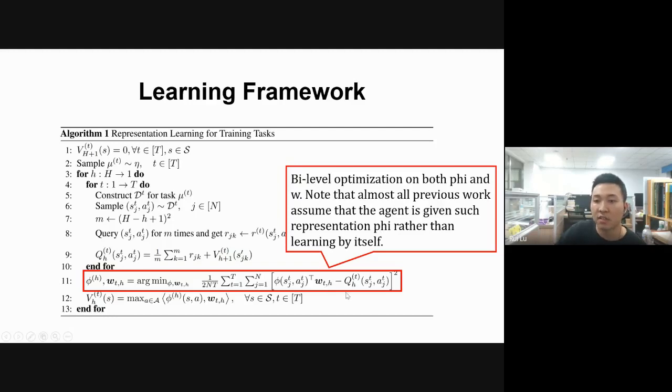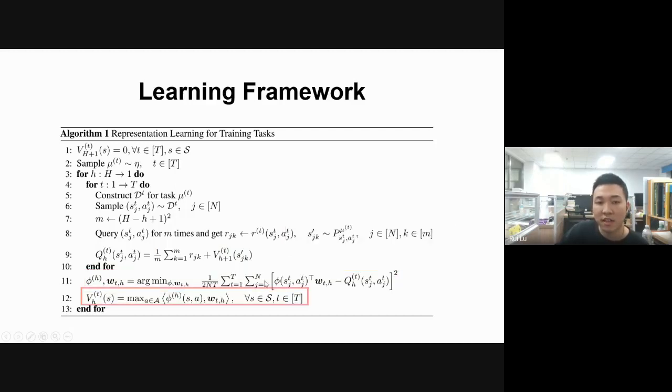And this is the target Q value that you learned from the samples. And then you want to get an empirically best representation and vector W to minimize this error. And then you use this phi and W to construct the value estimation at this level. So you get prepared for the next level's Q learning at line 9.